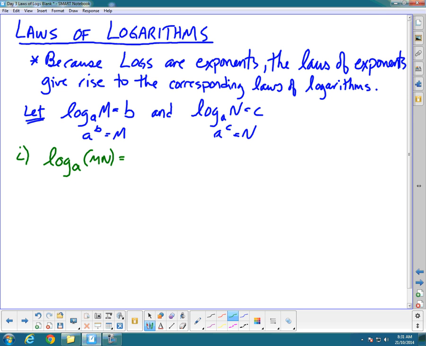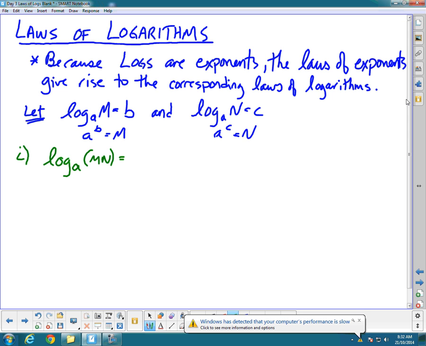So here's what we're going to build all of our proofs on, where these laws come from, based on this letter correspondence here. I'm going to pretend we have two separate logarithms. The first one is log m base a, and it has an exponent of b.